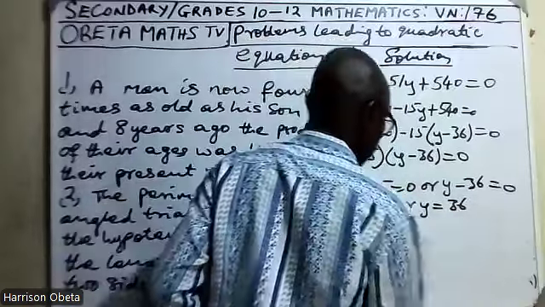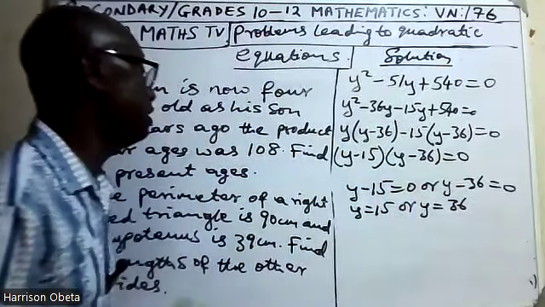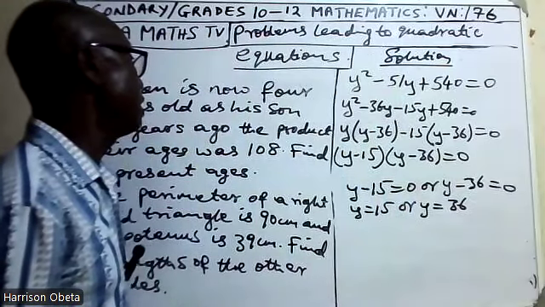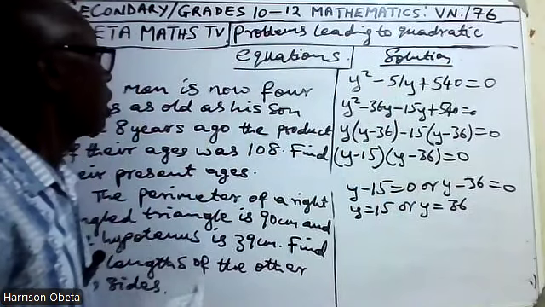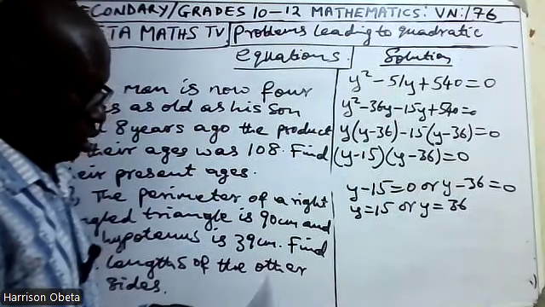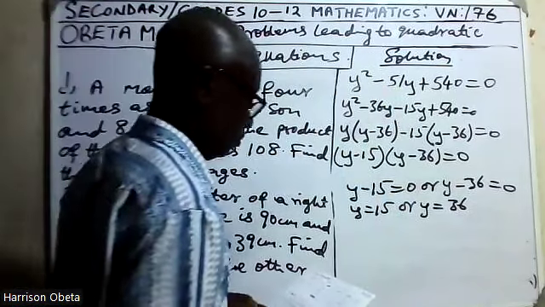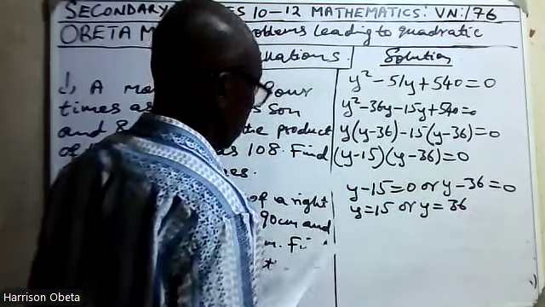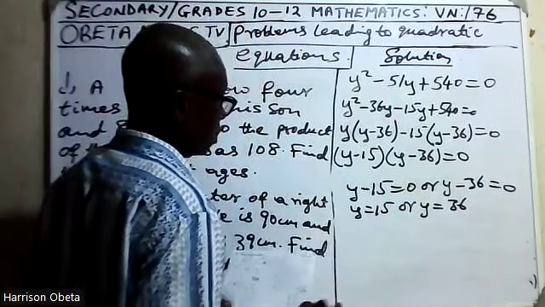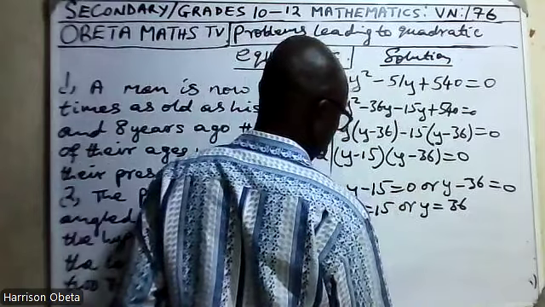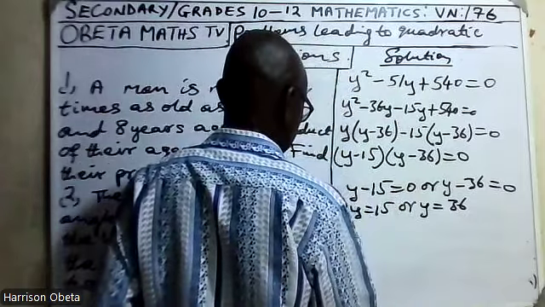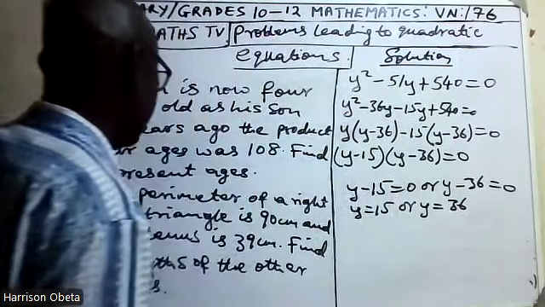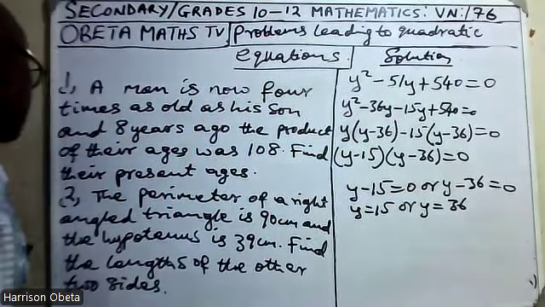Now, we have succeeded in getting the other side. So, if we go back, remember that one of the sides, it said find the lengths of the other two sides.